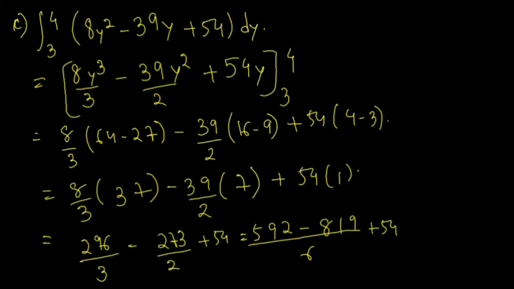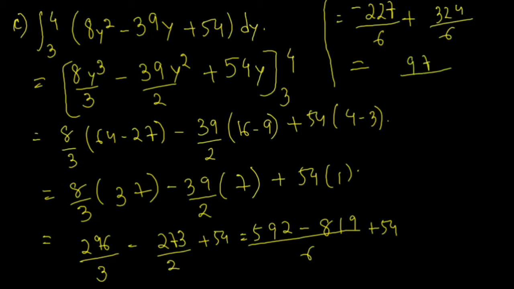Now 592 minus 819 is minus 227 by 6, and this is plus 324 by 6. Now 324 minus 227 is 97 by 6. So this is the answer.